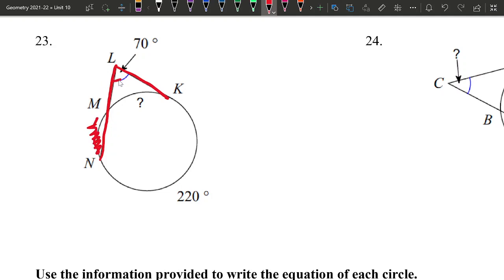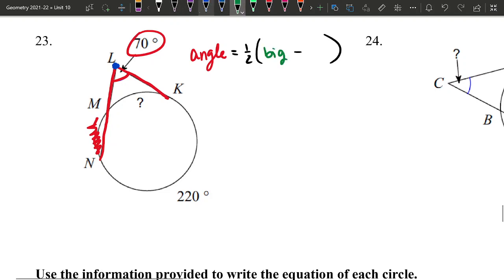It's gone. Here the angle is 70 degrees, and the vertex of the angle is outside the circle. Since the vertex is outside the circle, then the angle equals 1/2 of the big arc minus the little arc.